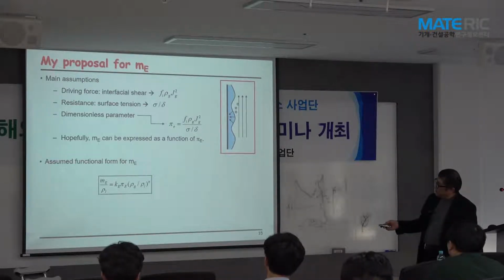If there are some more variables, the mass transfer coefficient for the droplet entrainment can be determined from the experimental data or not. This is the point.